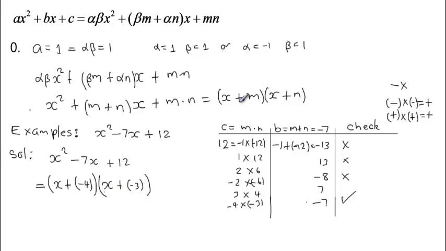I'm following this suggestive form of the factors. I'm writing my plus, which I take from there, and writing m and n as numbers with their signs. Then the following step, I can simplify by combining signs by writing x minus 4 brackets x minus 3. Now these will be the factors, and you can check if they're correctly done.